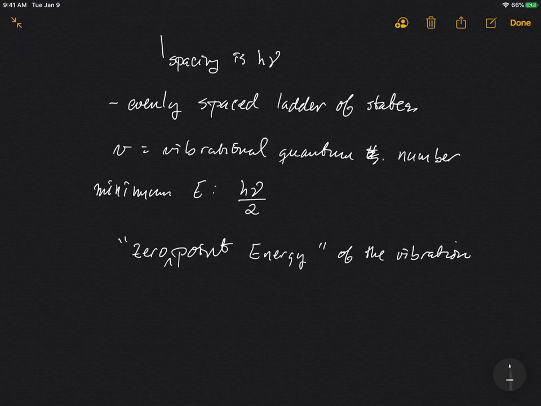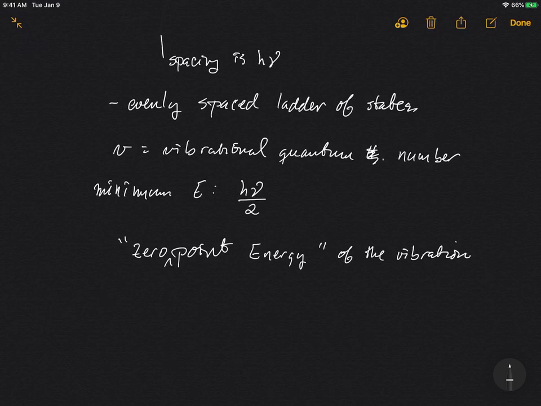So even at absolute zero, molecules undergo some sort of vibration. There's some motion occurring. In the quantum realm, nothing is ever completely still.